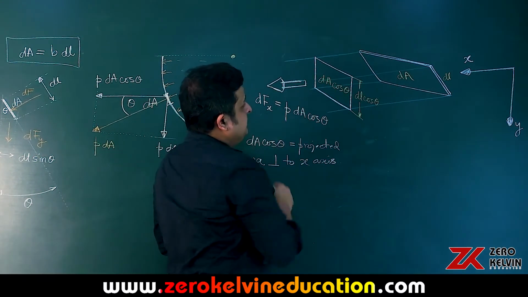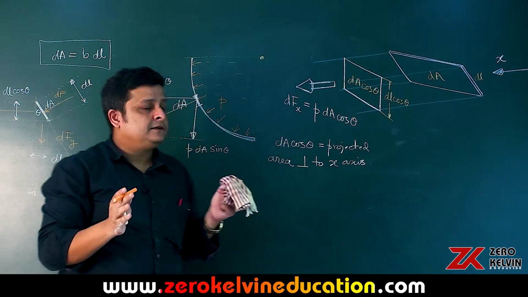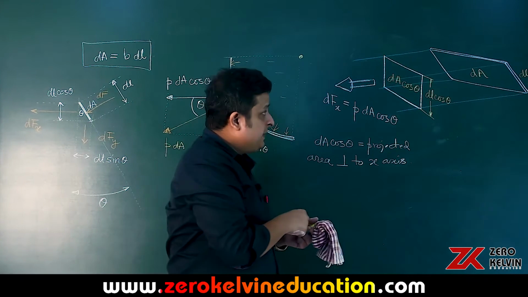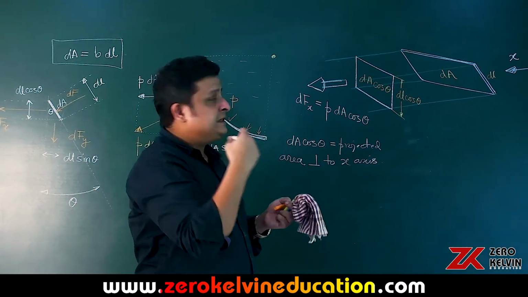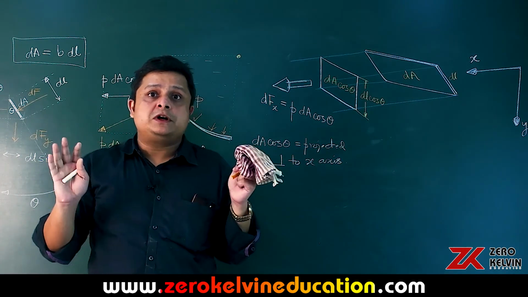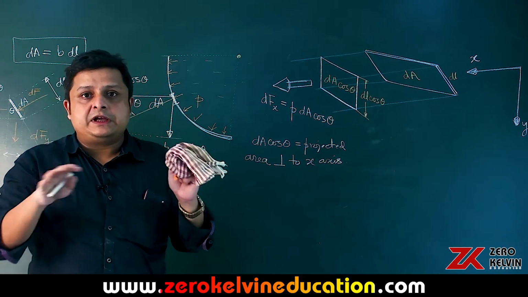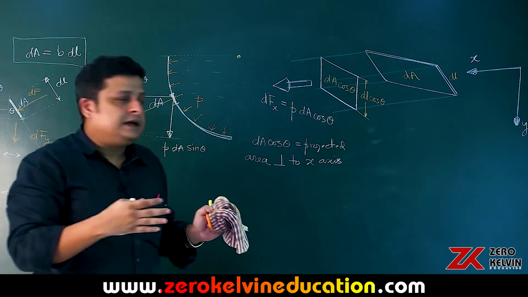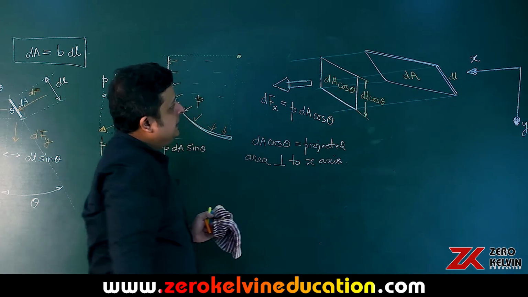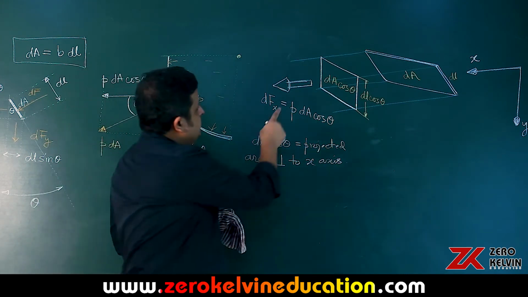This dA cos theta is the projection of this area perpendicular to the x-axis. By projection we mean that suppose there is a parallel beam of light incident, and the light rays are parallel to the x-axis, and there is a screen perpendicular to the x-axis. Then the shadow of this area dA cast on the screen is dA cos theta.